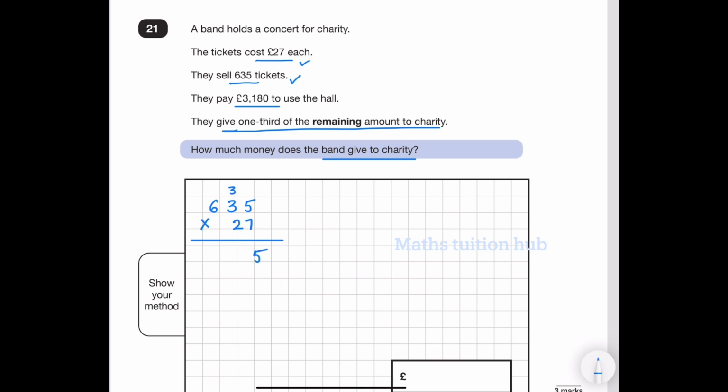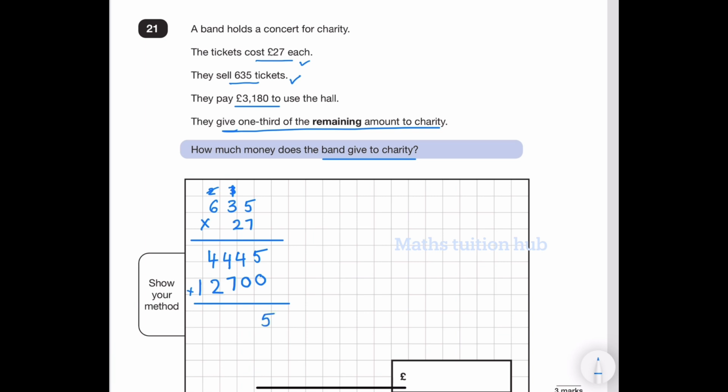So 7 times 5 is 35, 7 times 3 is 21, 21 add 3 is 24, 7 times 6 is 42, add 2 is 44, and 0. And 2 times 5 is 10, 2 times 3 is 6, add 1 is 7, 2 times 6 is 12, and add these two numbers together.